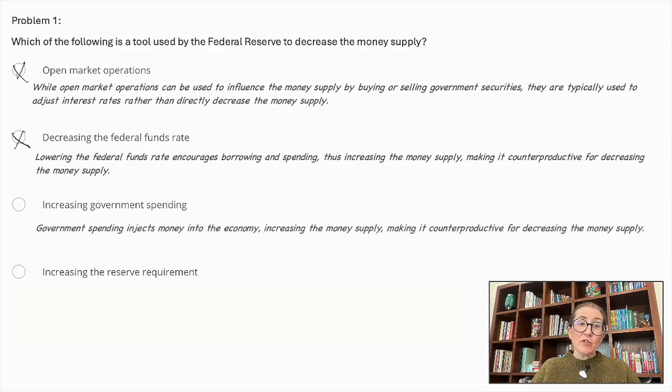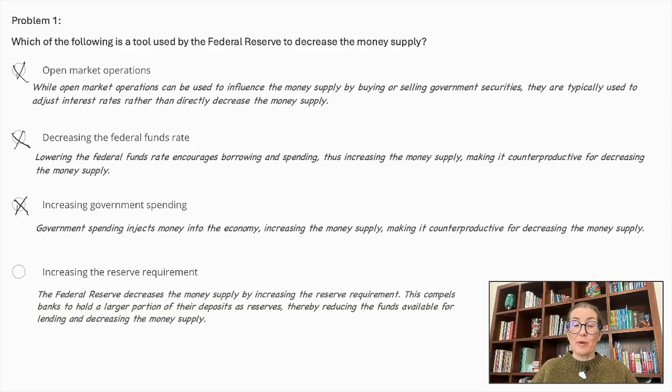Next, government spending injects money into the economy, increasing the money supply, making it counterproductive also for decreasing the money supply. So we can cross that out as well. So we are left with increasing the reserve requirement. The tool used by the Federal Reserve to decrease the money supply is increasing the reserve requirement.